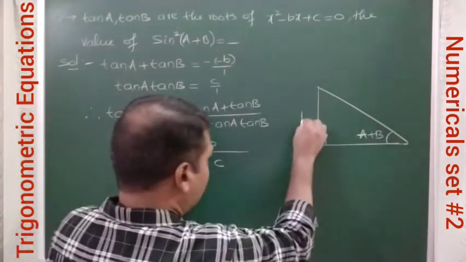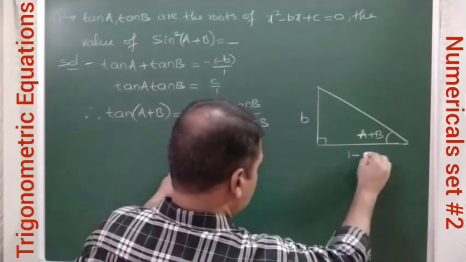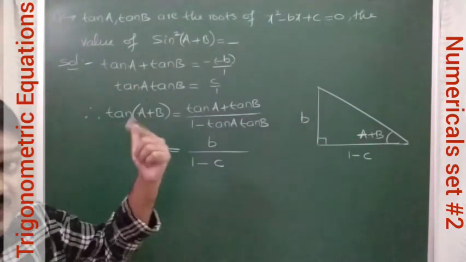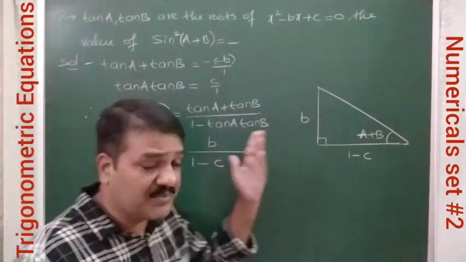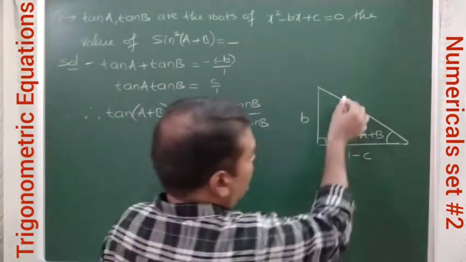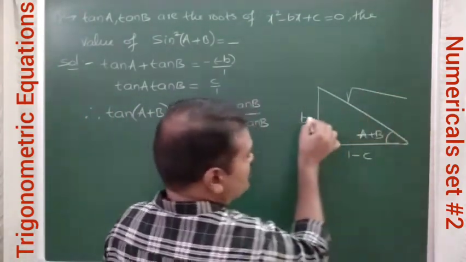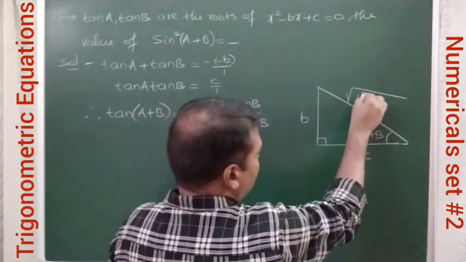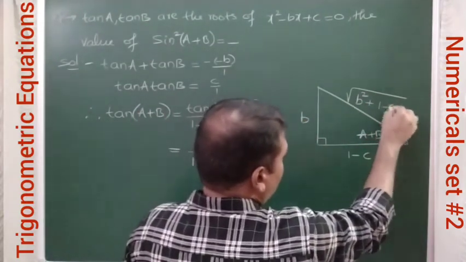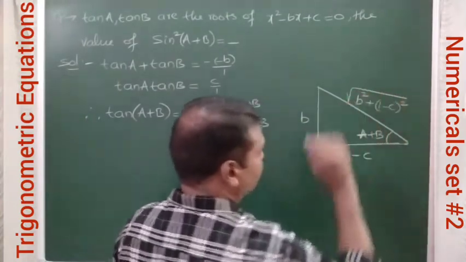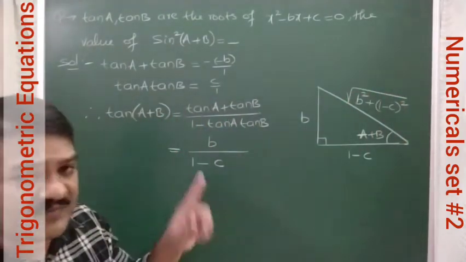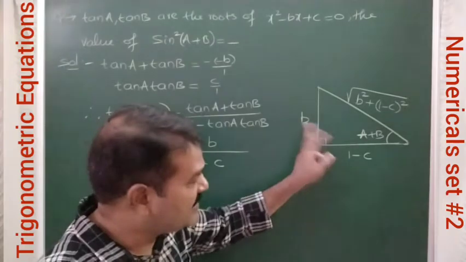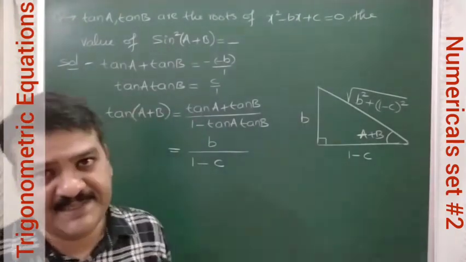So the opposite side is b, and the adjacent is 1 minus c. So what is the hypotenuse now? The hypotenuse will be the square root of the sum of the squares of these two sides, that means b square plus (1 minus c) whole square. The hypotenuse is always the square root of the sum of the squares of the remaining two sides.